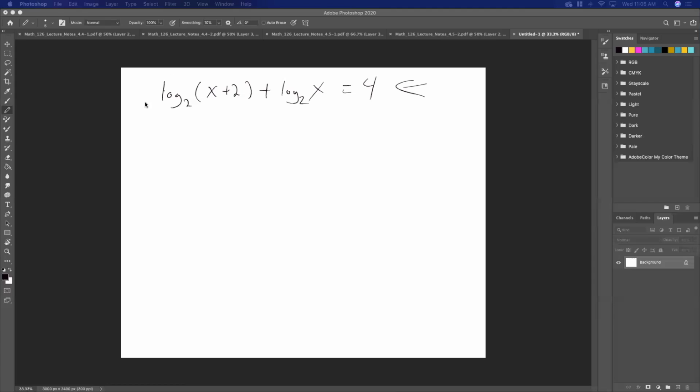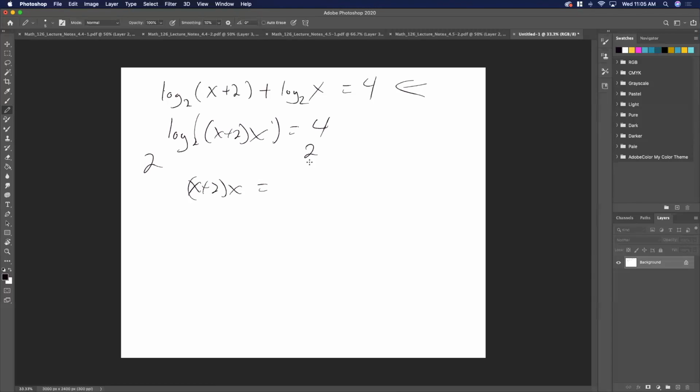Okay, so here, the first thing I want to do is combine them, right? So I'm going to have log base 2 of x plus 2 times x equals 4. And then I'm going to exponentiate both sides to 2. So here I'm going to get x plus 2 times x equals 2 to the 4th, which is, I think I'd have these memorized by now, 16.